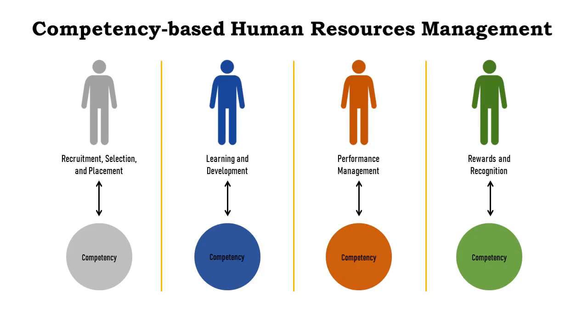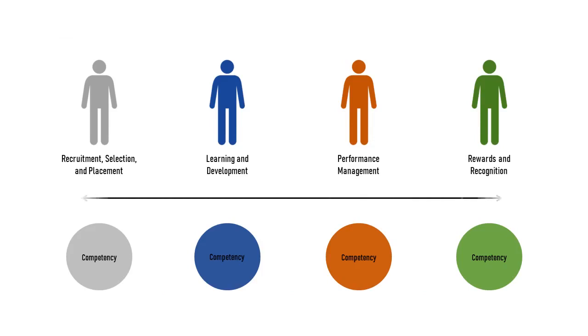We can see that there is some harmonization in the standards. Therefore, competency runs across all the functions of human resource management. And this will be very important, very crucial in the successful accomplishment of an organization's mission and vision.